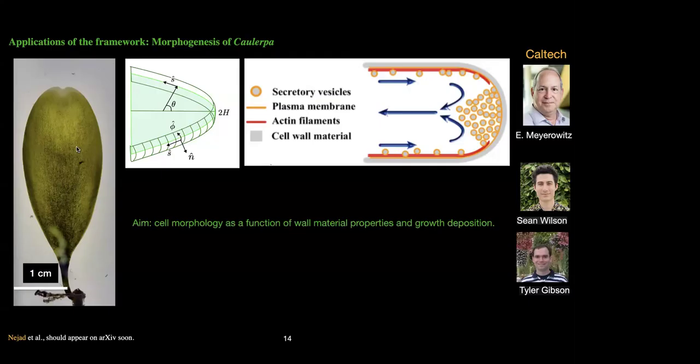The goal is to understand the morphology and shape of this seaweed as a function of the deposition rate of the vesicles to the cell wall, and as a function of external properties of the system. For example, you can change the pressure, or the concentration of salt inside the fluid that the seaweed lives in.